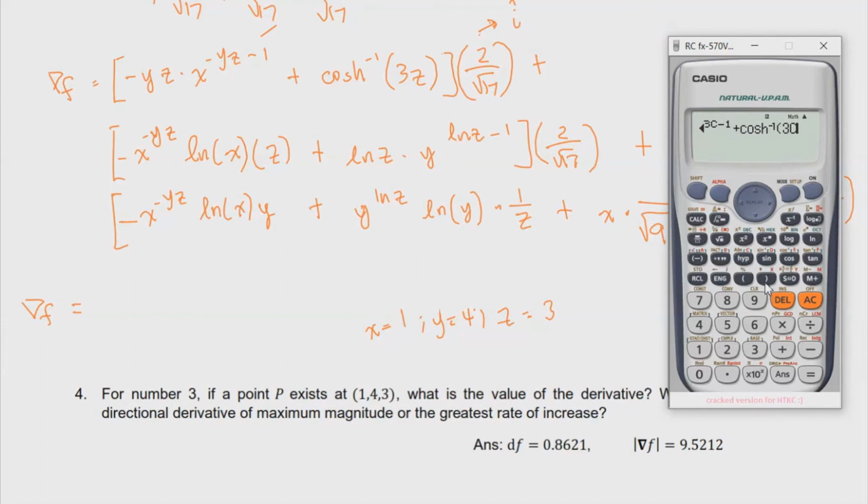Okay, so with this, let me just give the values. B is our y, so that is 4. And then c is our 3, and then a is actually 1.